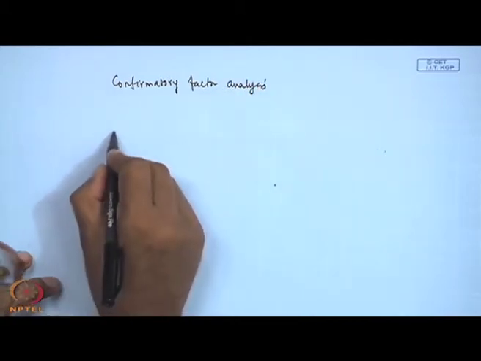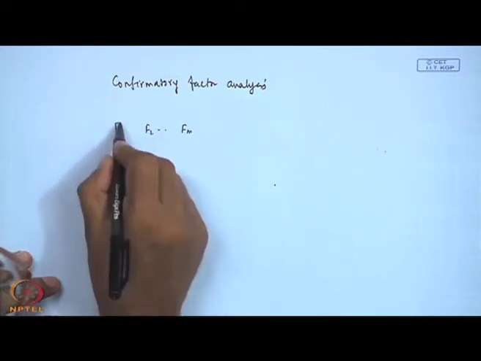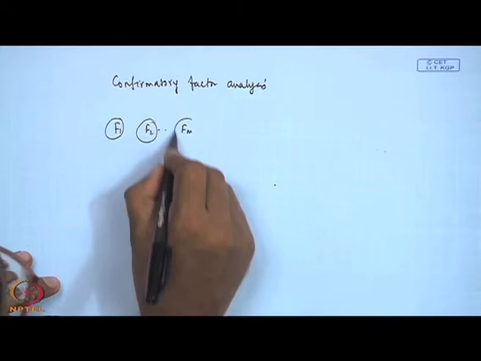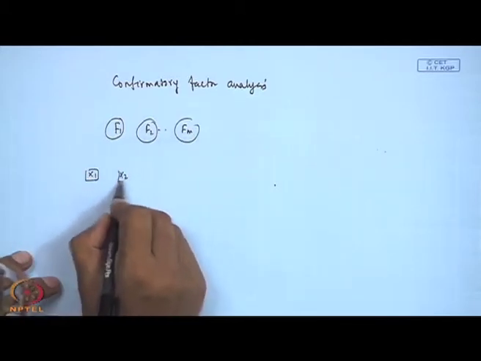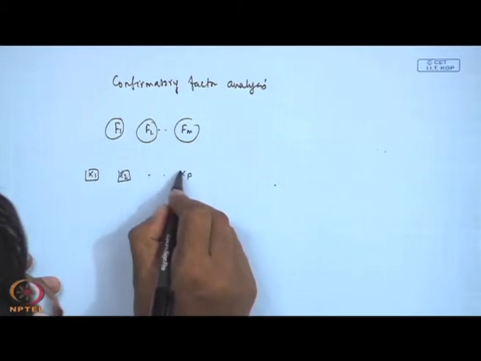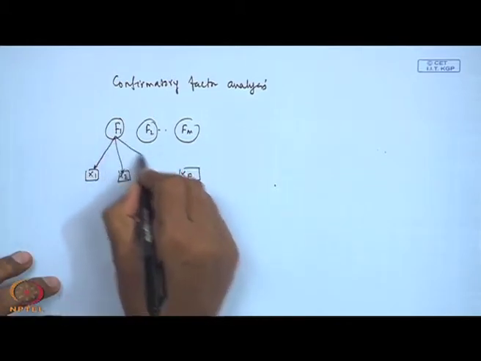In exploratory factor analysis, you have m factors and there are p observed variables.